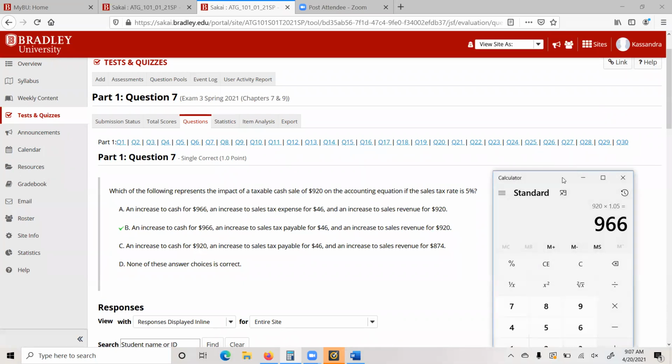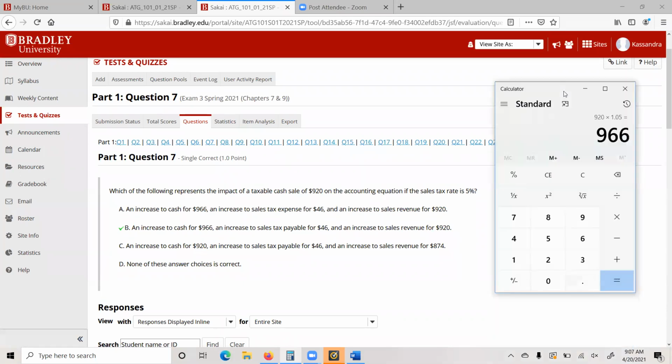So either A or B. The only difference between A and B is verbiage. Do we have an increase to sales tax expense or an increase to sales tax payable?